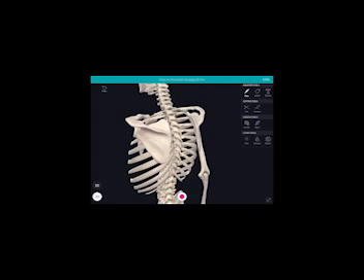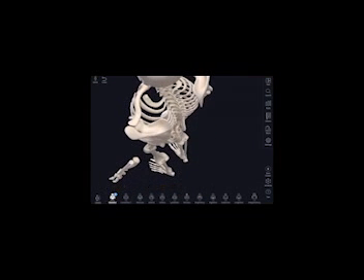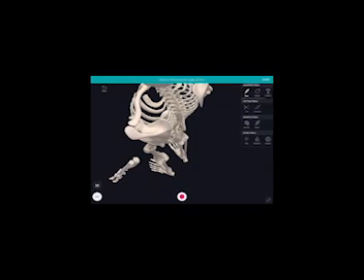And if I rotate just a bit superiorly, you see right here this notch. This is called the suprascapular notch. This is where the suprascapular nerve comes down, provides innervation to the supraspinatus muscle here, and then wraps around and goes down to innervate the infraspinatus muscle.